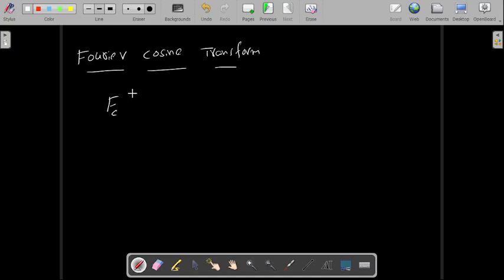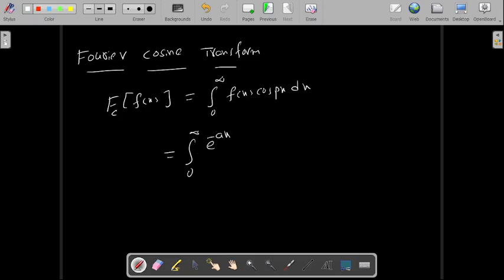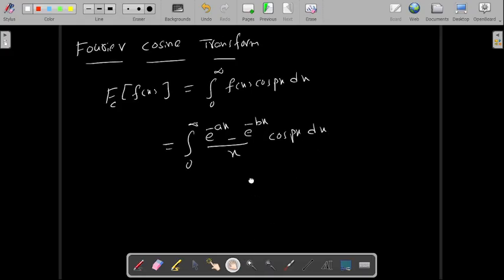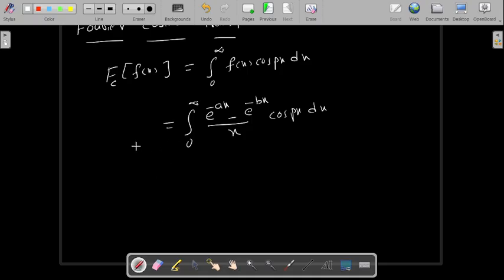The Fourier cosine transform of f of x is equal to integral 0 to infinity f of x cos px dx. Okay, so now what is our f of x? Integral 0 to infinity, f of x means e power minus ax minus e power minus bx by x into cos px. So now this will be again the same, Fc of f of x.